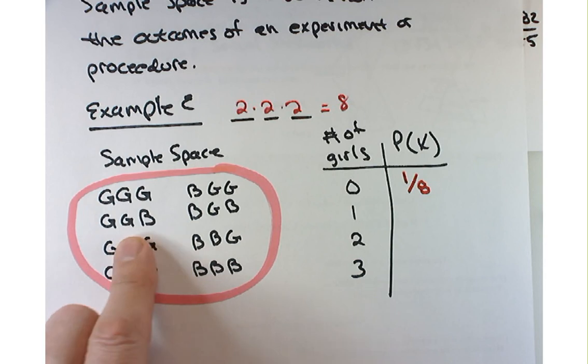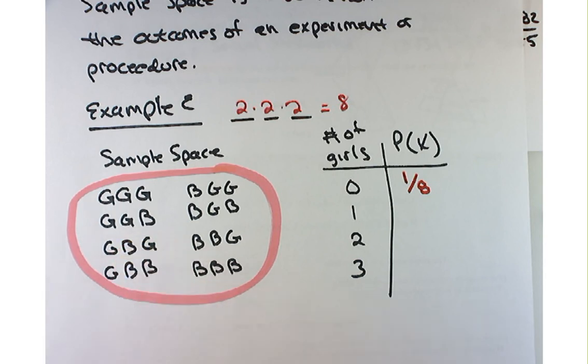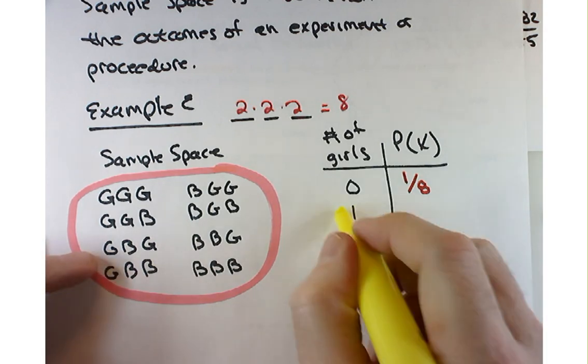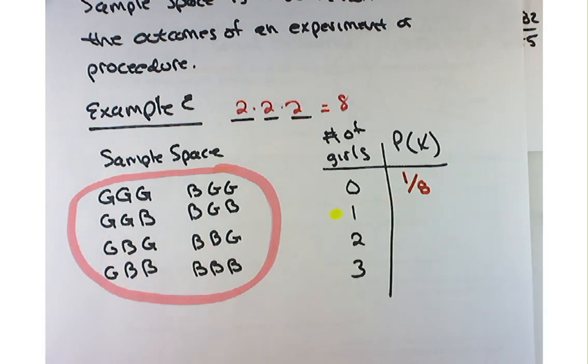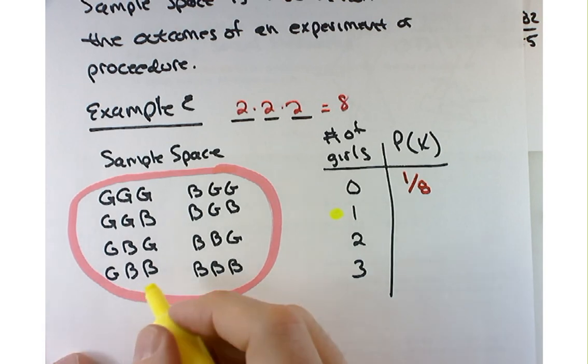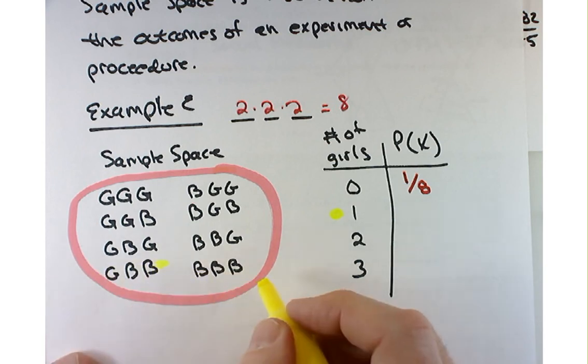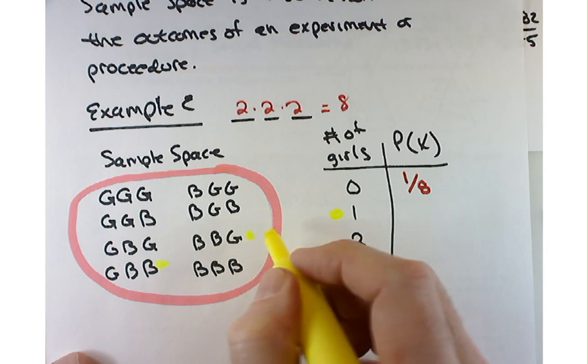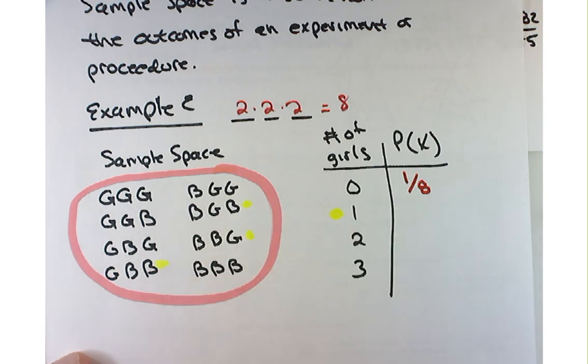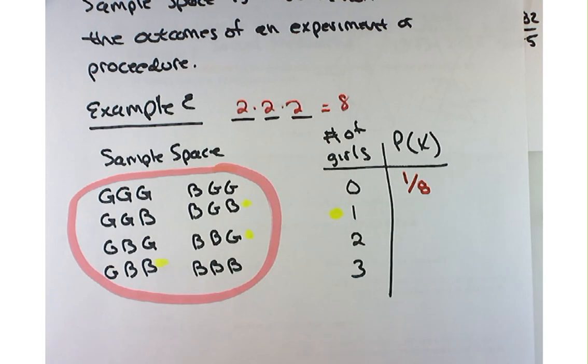How about the probability of 2 girls? Or actually 1 girl, I should say. We'll do things in order. Probability of 1 girl. Well, that could happen here. Where else? Here. I'm only seeing 3.